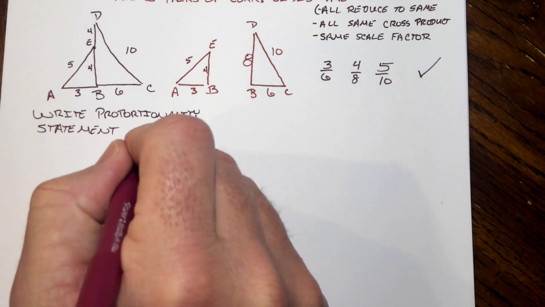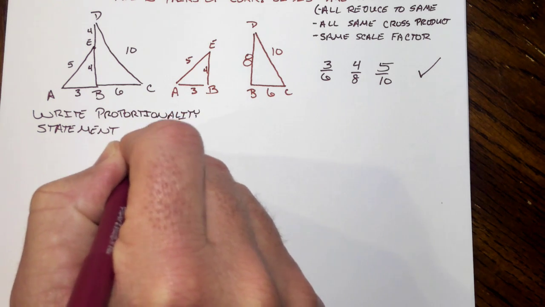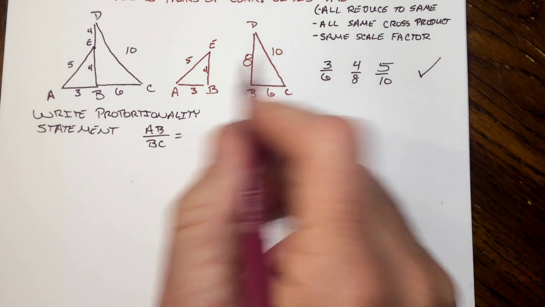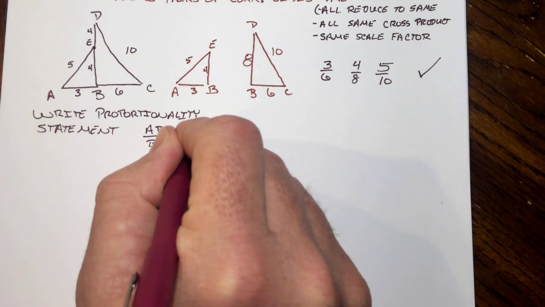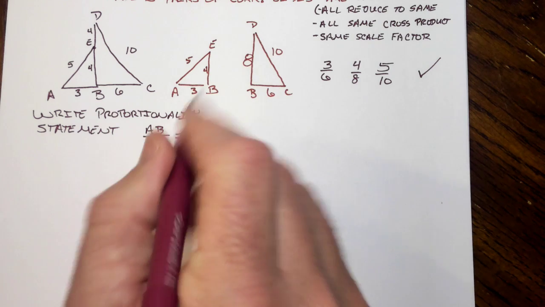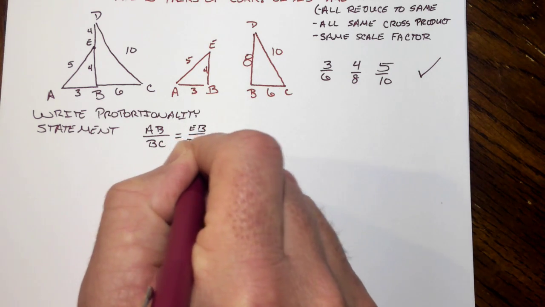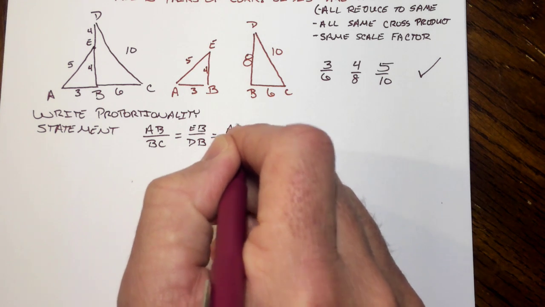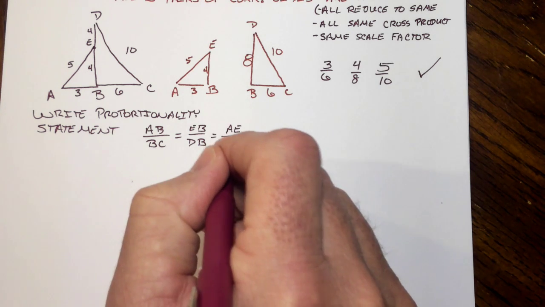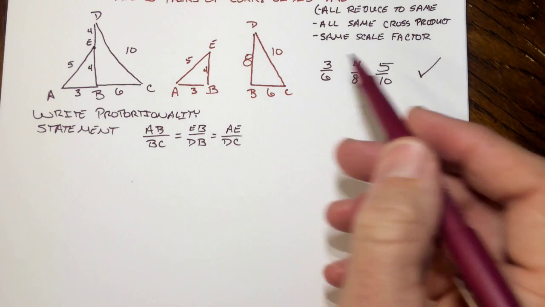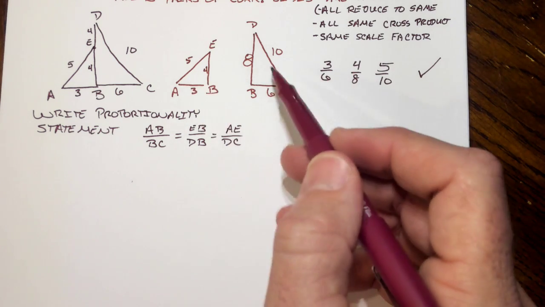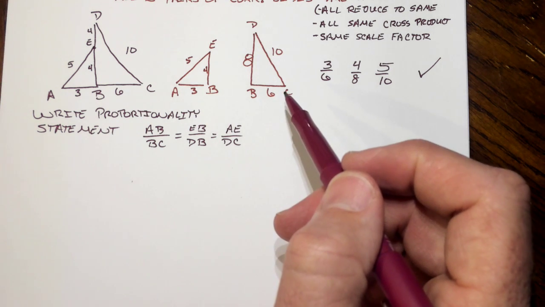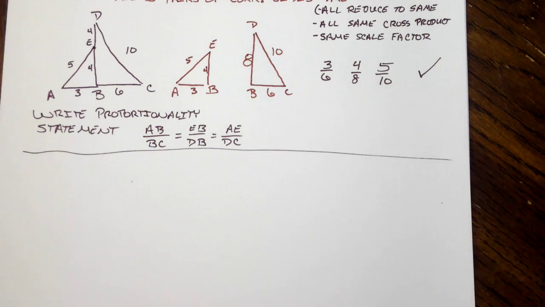So AB compared to BC equals EB compared to DB and AE compared to DC. In this case, we made the same comparison of left to right or small to large. Just depends on how you want to look at that.